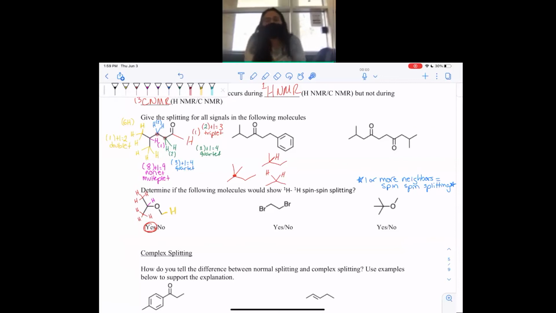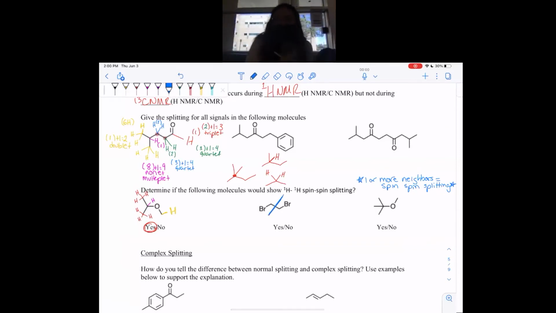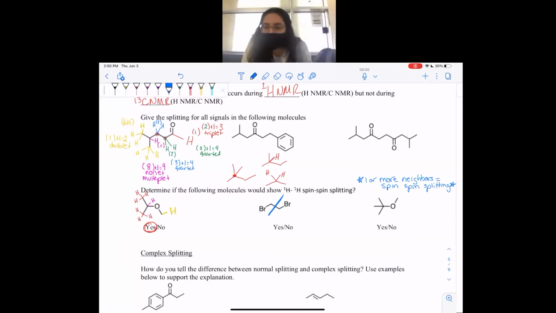Okay, so what is the absolute first thing we always do for NMR? Symmetry. Symmetry. Yes, music to my ears. So we have symmetry down the middle right here. So how many total signals do we have in this molecule? Ooh, I got two different answers.